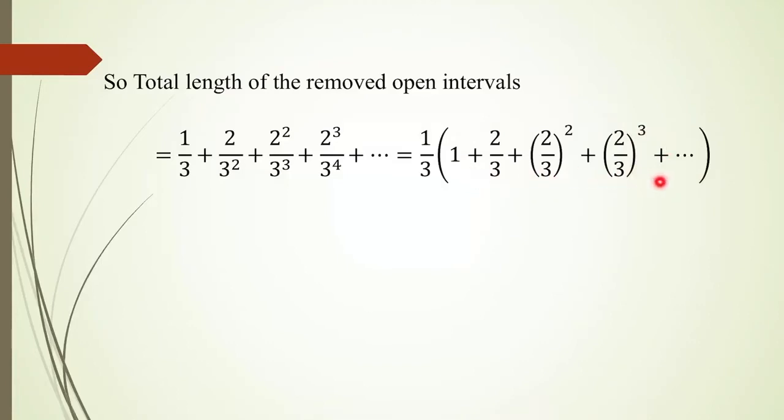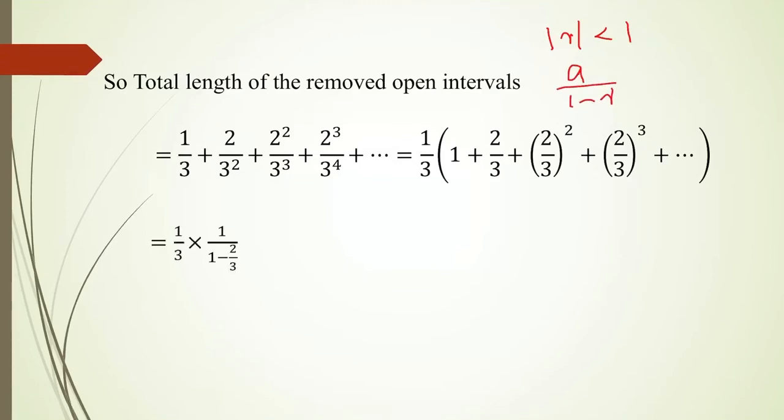And this is a geometric series with first term 1 and common ratio 2/3. And we know that if R is the common ratio, if |R| < 1, the geometric series converges and the sum will be A/(1 - R), first term by 1 minus the common ratio.